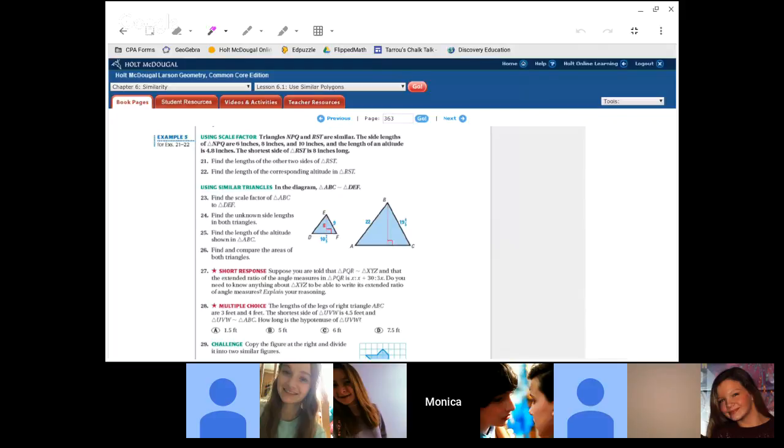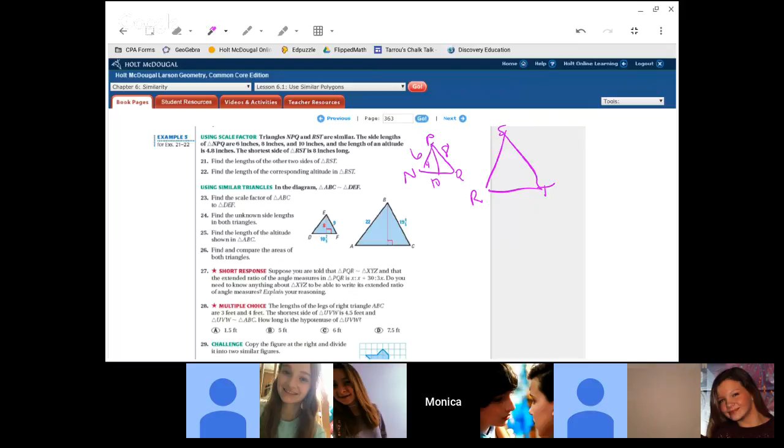Okay, Natalie, for 21, we're comparing two triangles that are similar. We have triangle NPQ and triangle RST. The side lengths of NPQ are 6, 8, and 10, and the length of an altitude is 4.8 inches.